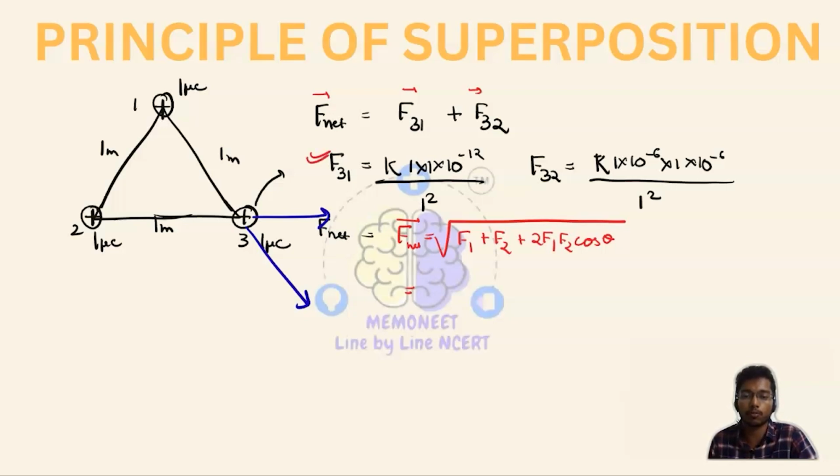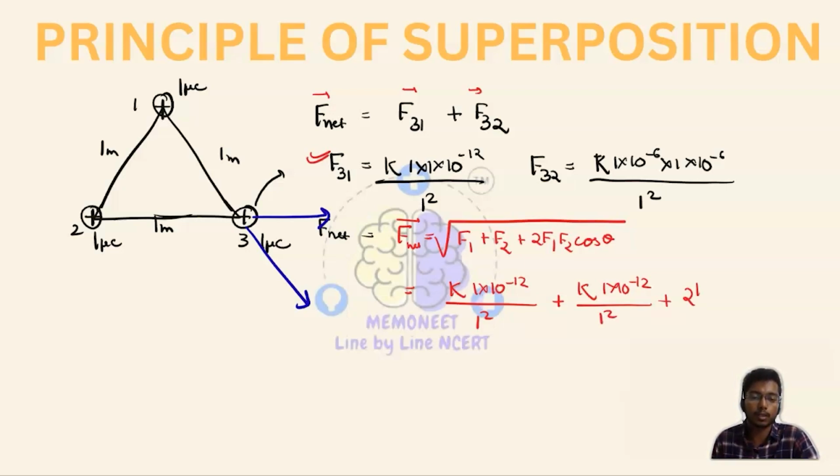The first force will be K into 1 into 10 to the power minus 12 upon 1 squared, plus this one K into 1 into 10 to the power minus 12 upon 1 squared, plus 2 F1 F2, that is K into 10 to the power minus 12 upon 1 squared, and this is also 10 to the power minus 12 upon 1 squared.